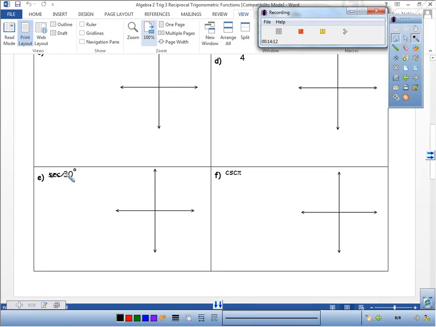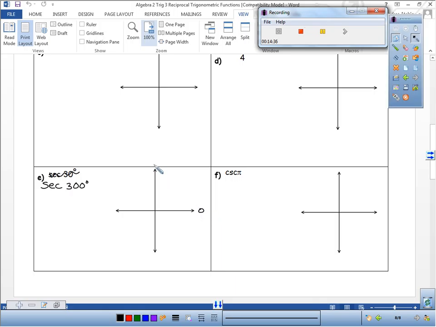We're going to cross this out and do something else. Okay, we're going to do secant of 300. So we're going to graph it.